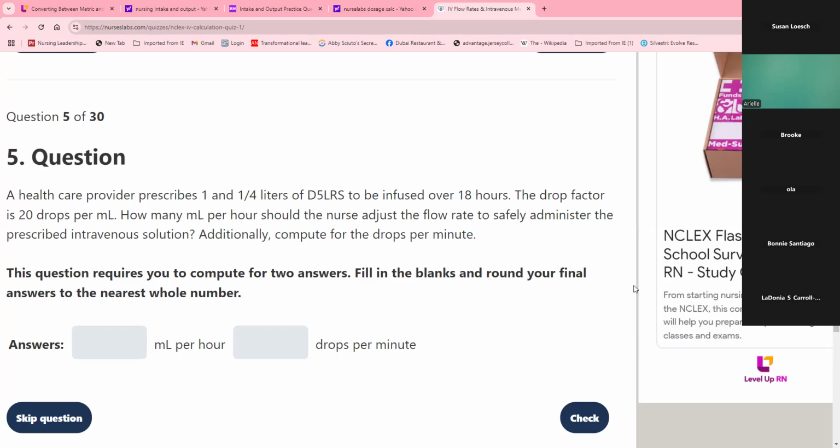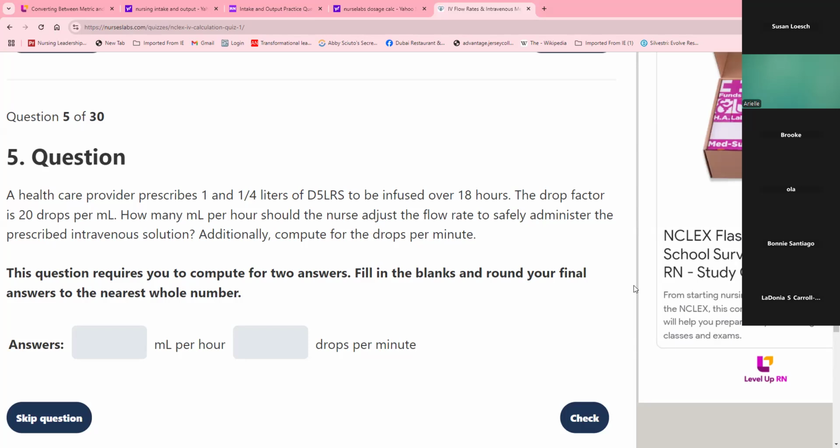Next you need your time in minutes. Your time is in what? Hours. So if you're converting hours to minutes, you're going to multiply by 60. 18 times 60 is 1,080. So that's going to go on the bottom of your 1,250.